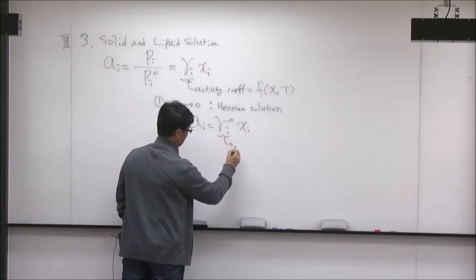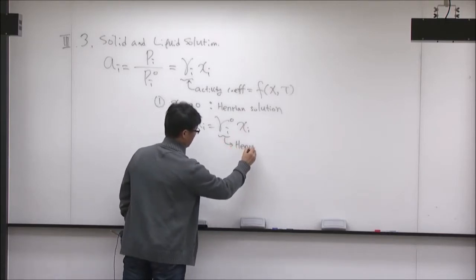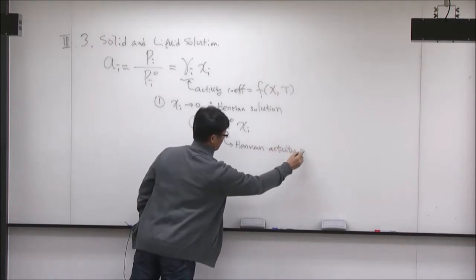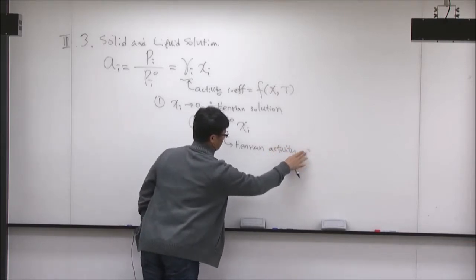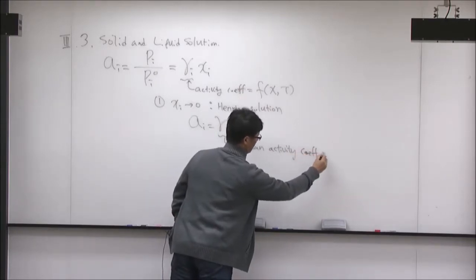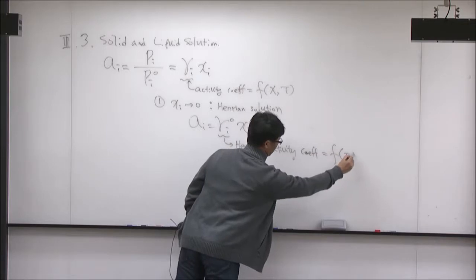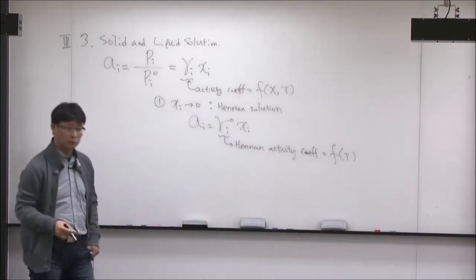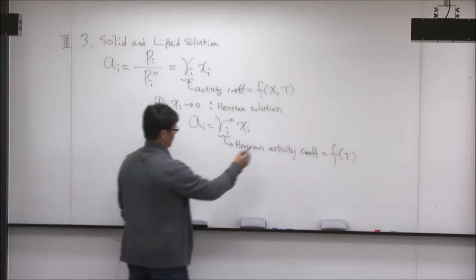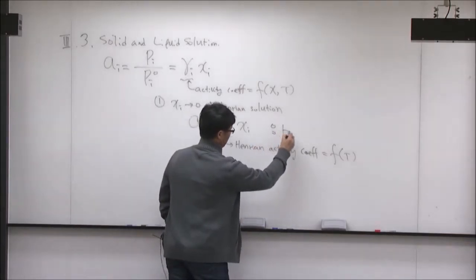This coefficient is only a function of temperature, not depending on the composition. It is the Henrian activity coefficient, and we call this Henry's law.